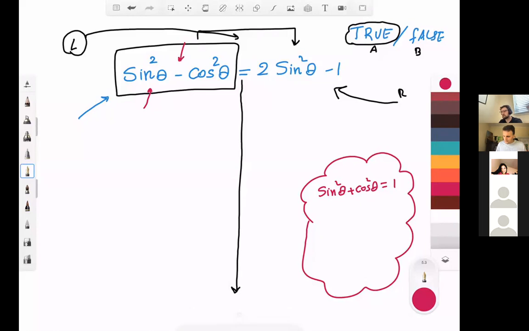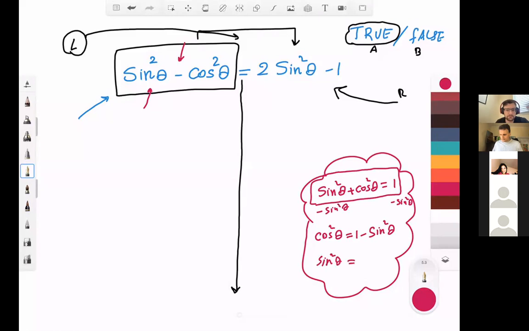But from sine squared plus cosine squared equal to 1, if I subtract sine squared from both sides, I get cosine squared theta equal to 1 minus sine squared theta. Also, the other way, sine squared theta equals 1 minus cosine squared theta. Agree? So two immediate formulas: cosine square is 1 minus sine square, sine square is 1 minus cosine square.